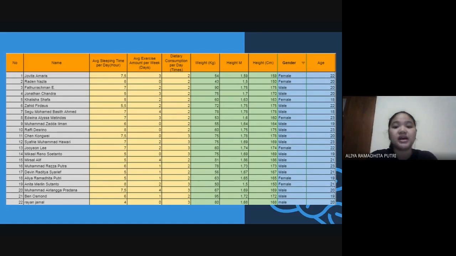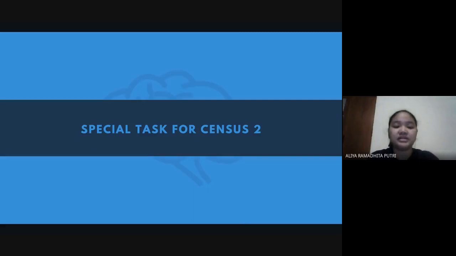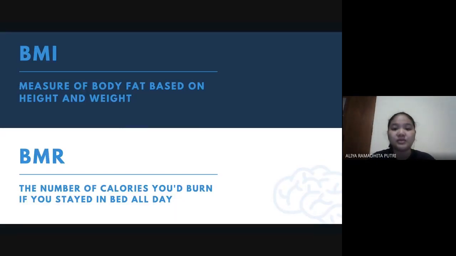And for census two, they are height, weight, gender, and age. Because we are from home group 4, we should answer the special task for census 2.